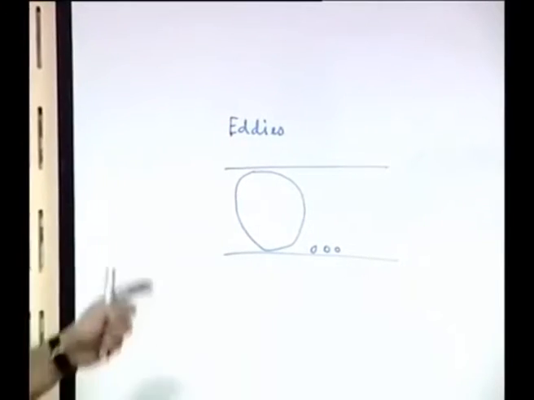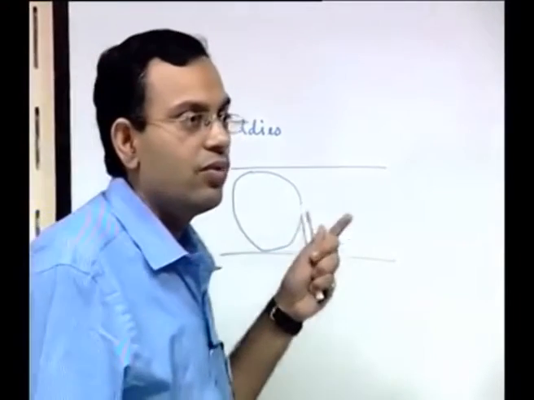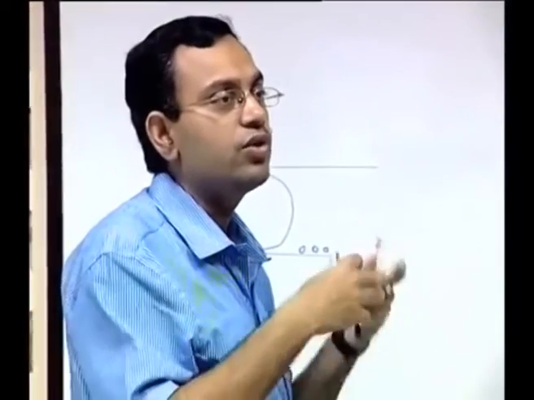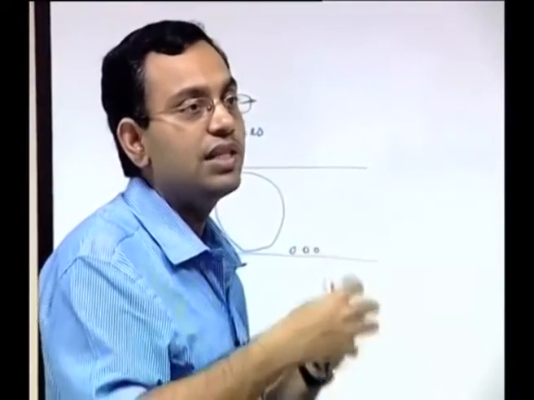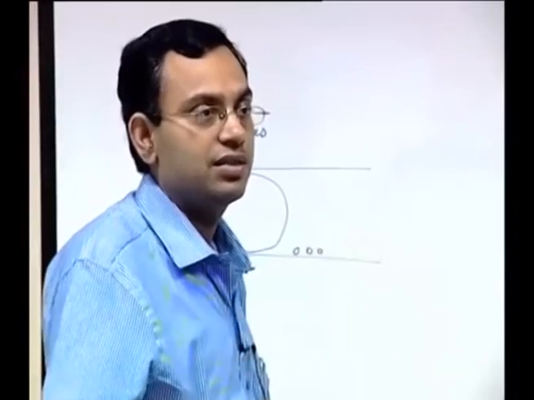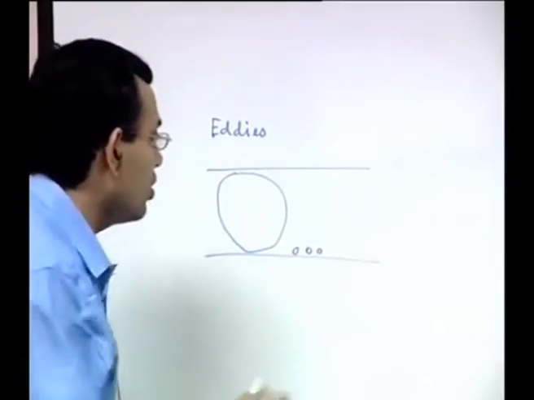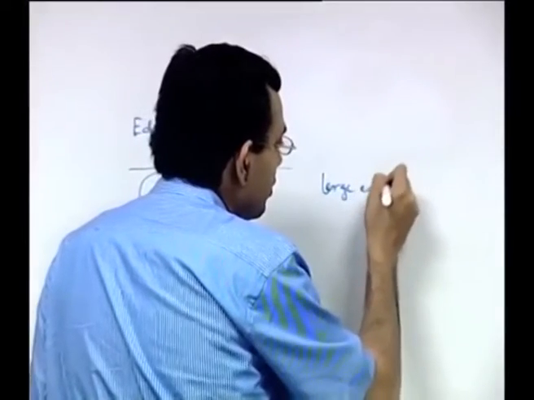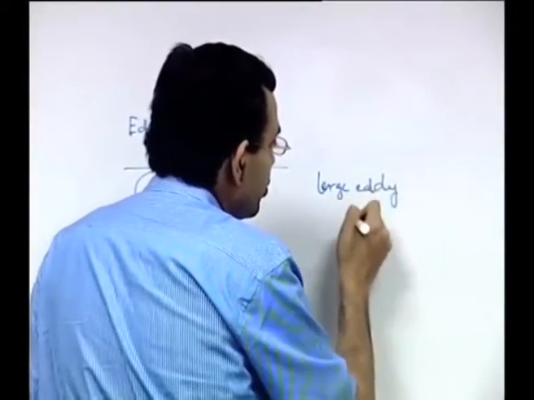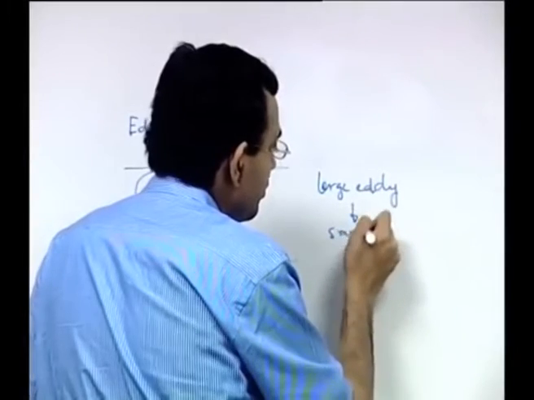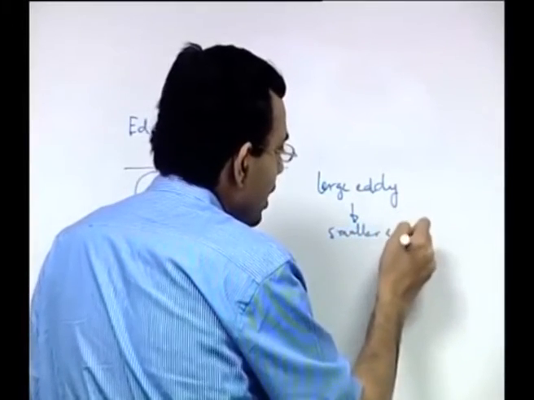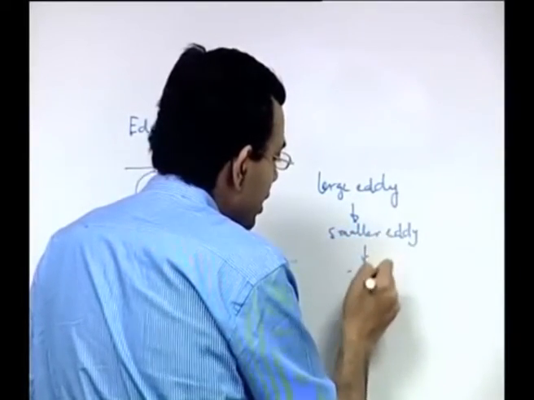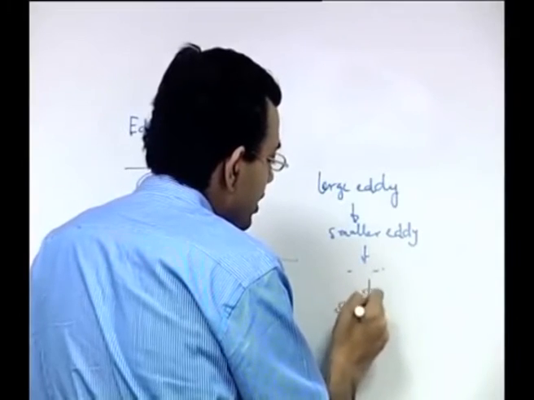Once the large eddy extracts energy from the mean flow, it will evolve into smaller and smaller eddies to which the energy is subsequently passed. So energy will pass from the large eddy to a smaller eddy, in this way again to a further smaller eddy, and in this way to the smallest eddy.